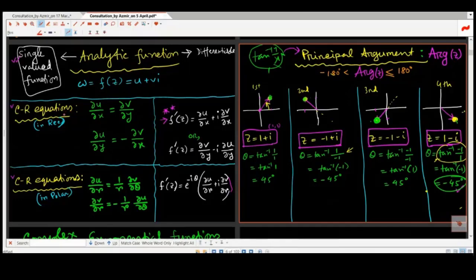The Cauchy-Riemann equations in rectangular form are these, and in polar form they are defined by these two equations. A function will be analytic if these equations are satisfied.